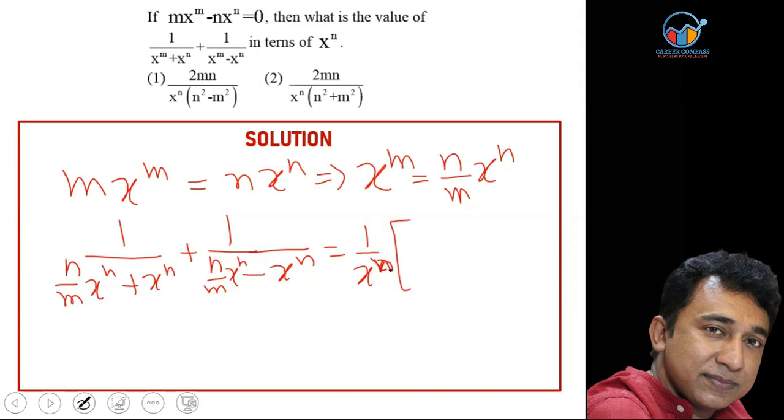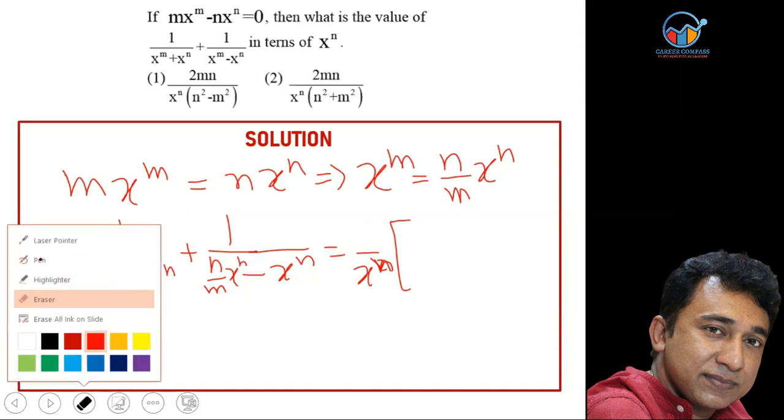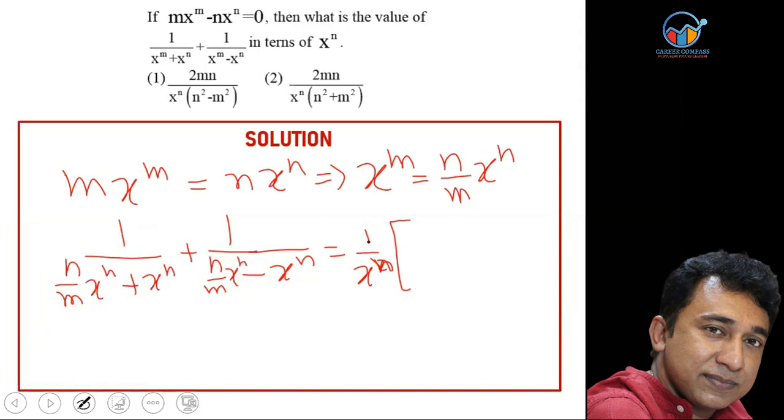And of course, if you bring m at the top, that m will also come out.